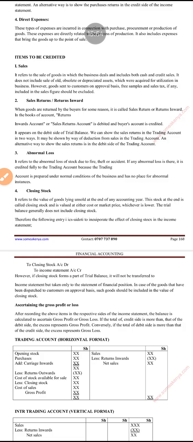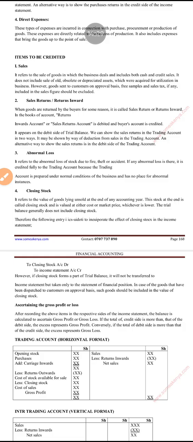It does not include sale of old, obsolete, or depreciated assets which were acquired for utilization in business. However, goods sent to customers on approval basis, free samples, and sales tax, if any, included in the sales figure should be excluded. So what we are saying is that sometimes the business will sell a fixed asset.